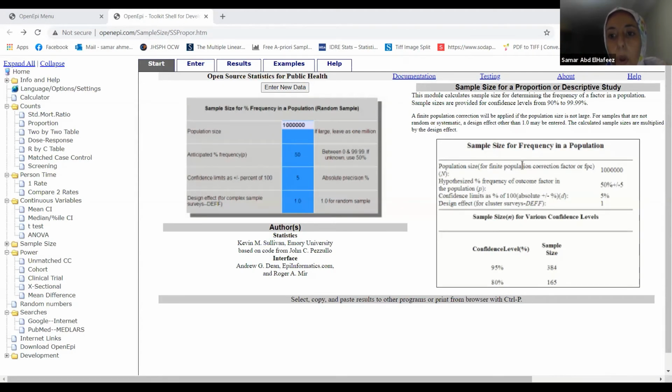I want to know the proportion of ICU patients who have post-traumatic stress disorder. So you need a sample size to get a good frequency. Okay, could you give an example of when you want to detect a significant difference between two groups?